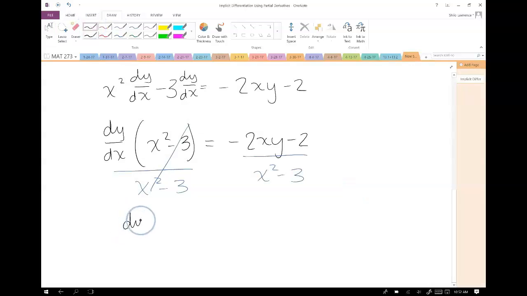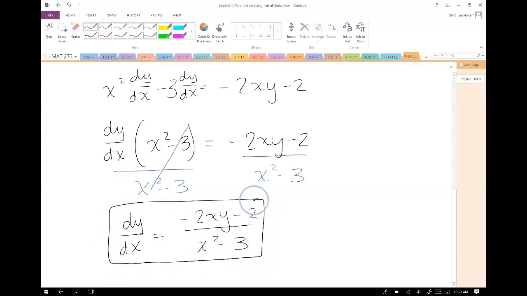So this was our Calculus 1 method for calculating implicit derivatives. These are implicit derivatives because of the way the function is presented to us. The function is given to us with all of the x's and the y's jumbled together.